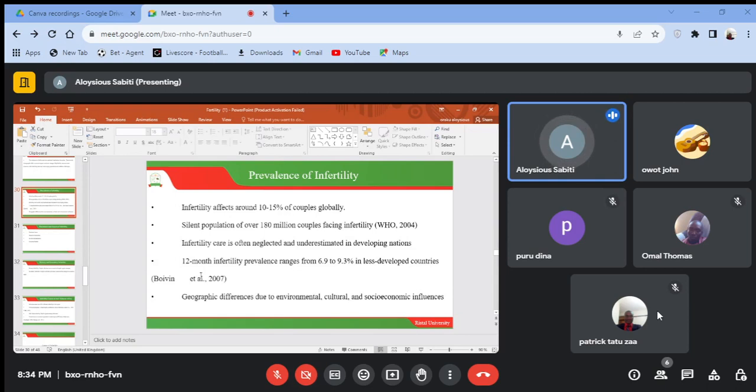It ranges from an average of 6.9%. So if you looked at 6.9% and you divided it by 100, then multiplied it by 10,000 couples, it will mean that out of 10,000 couples in developing countries, at least 630 of them face challenges.